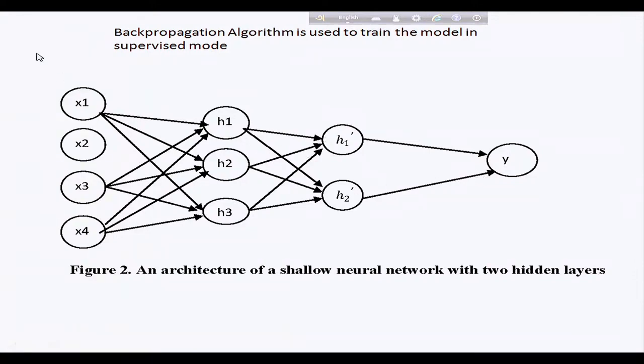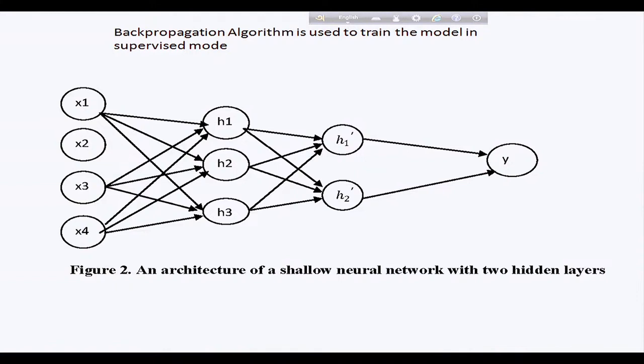In the forward pass, you submit some input and get some output, and you compare the predicted value and the desired value. So you get the error, and depending on the error, you adjust the weights. Every connection has a weight, and these are known as the model parameters. These model parameters are adjusted through forward pass and backward pass, forward pass and backward pass.